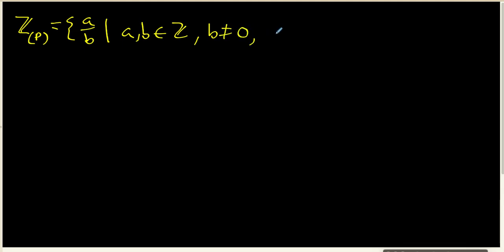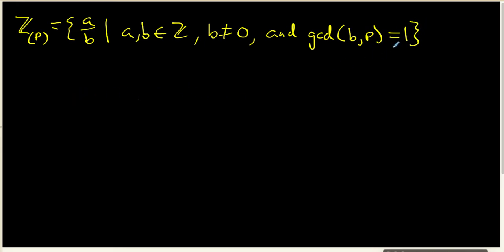On the last problem set, you looked at the ring of integers localized at p, and the ring of integers localized at p is the set of fractions a over b such that a and b, of course, are inside the integers, b is not 0, and the GCD of b and our prime p is known to be 1.